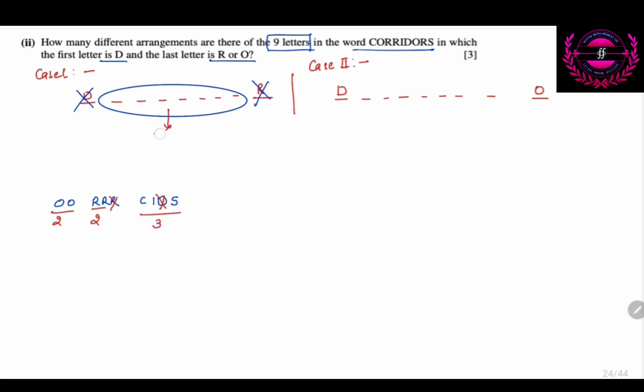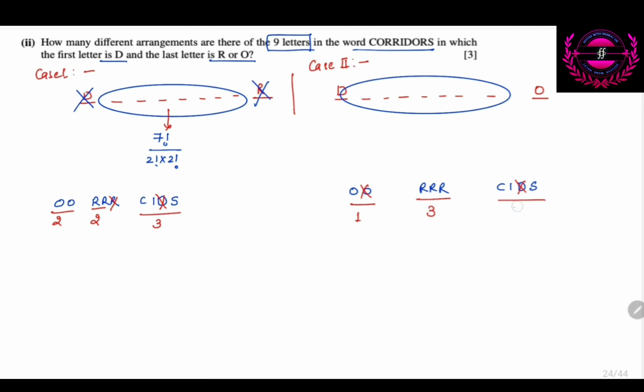So 7 factorial divided by 2 factorial into 2 factorial. And for this, 2 O's, 3 R. If D is fixed and O is also fixed, so now I have 1 O, 3 R, and 3 remaining.